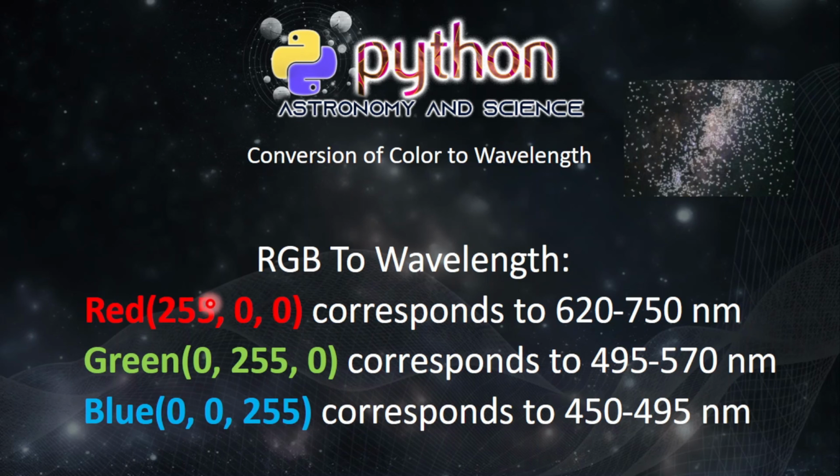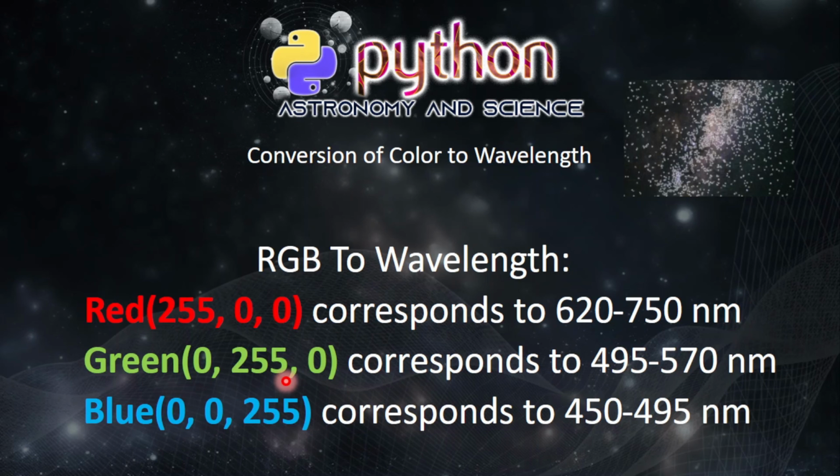For pure saturated red, 255, 0, 0, the wavelength ranges from 620 to 750 nanometers, 750 being the maximum for red. Same concept for green: for the green channel, the corresponding wavelength would be 495 to 570 nanometers, the latter being the maximum.